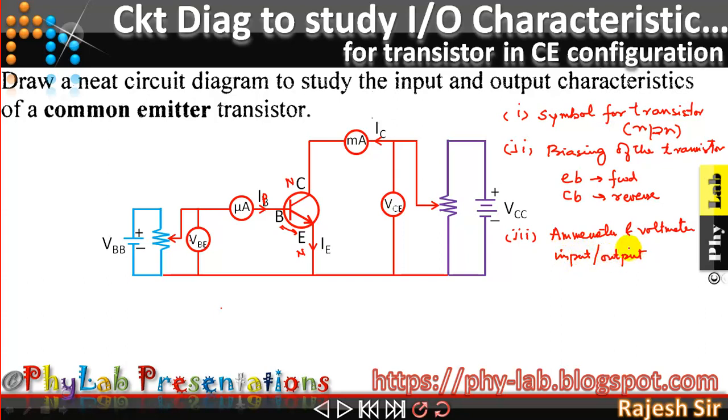So you should be able to show clearly the input and output, ammeter and voltmeter. And the next important thing that you will be marked for is IC, IB and IE. So your diagram should clearly show IC, IB and IE, friends. So this is the IE, this was the IB, and here is the IC.